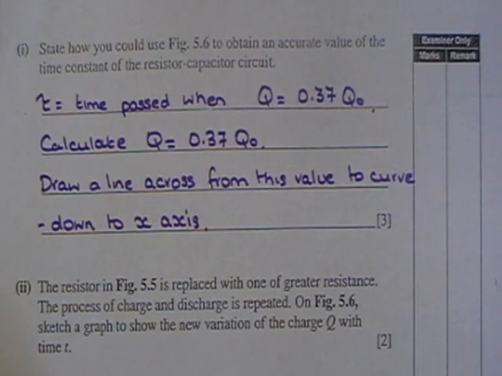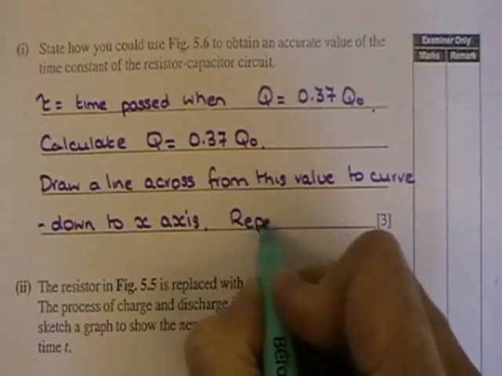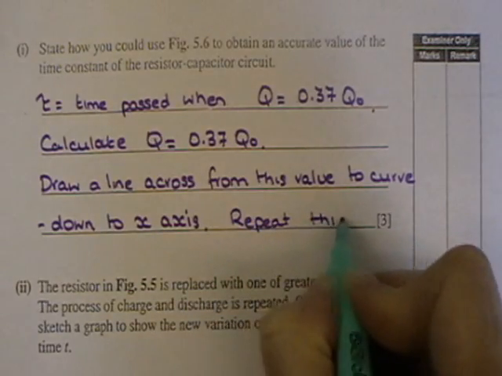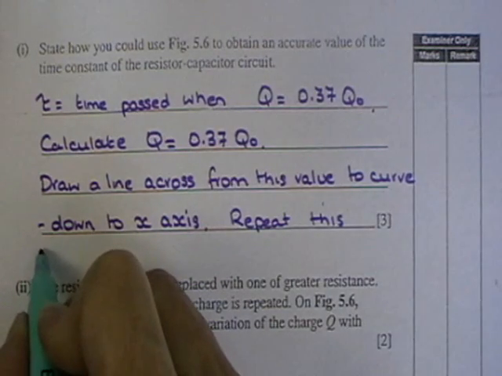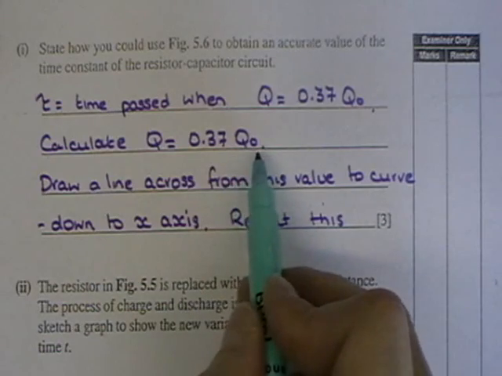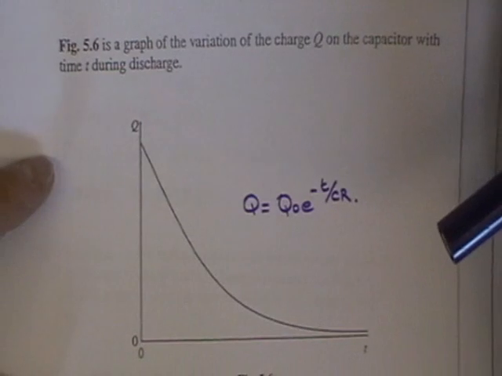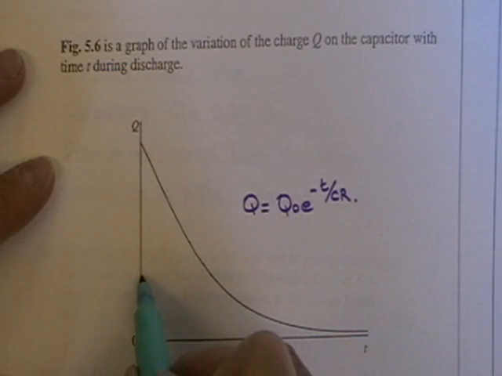And that will give you your value of t, and then you would repeat that again for 0.37 of 0.37 Q naught. So do it for a second time. So I'll just show you what I mean here. So say your 0.37 is here, right there.